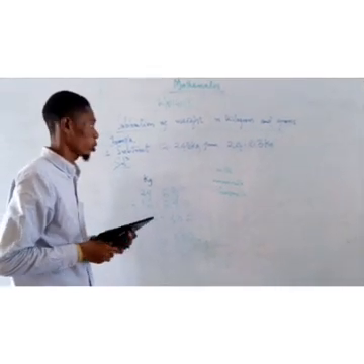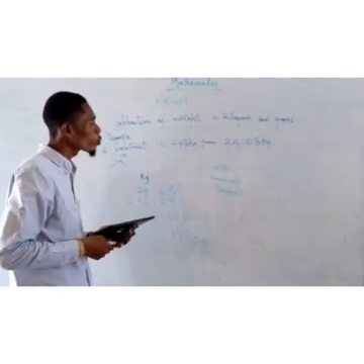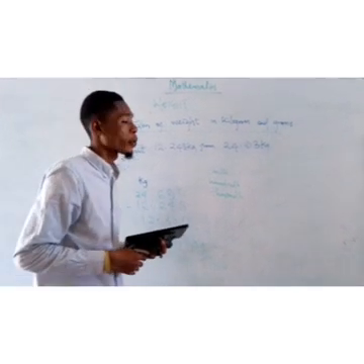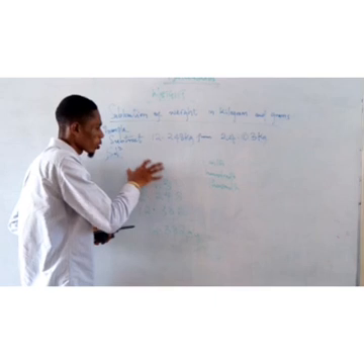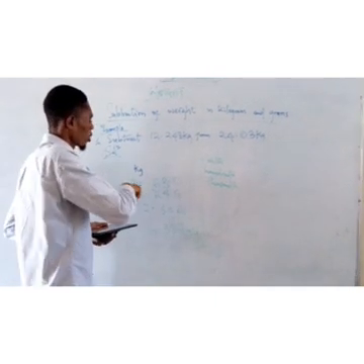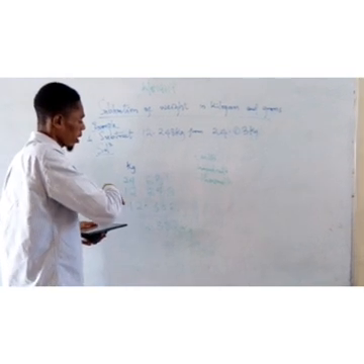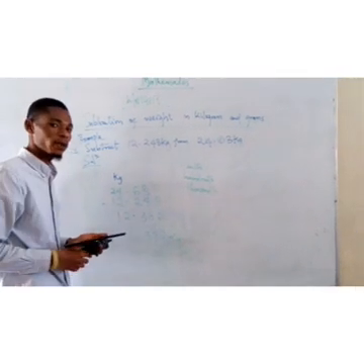Now let me just go through it all over again. Subtract 12.248 kilogram from 24.63 kilogram. Very simple. Draw out a kilogram bar. We have 24.63 kilogram minus 12.248 kilogram.